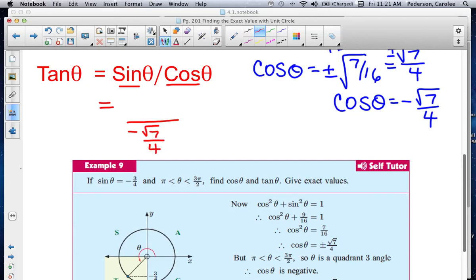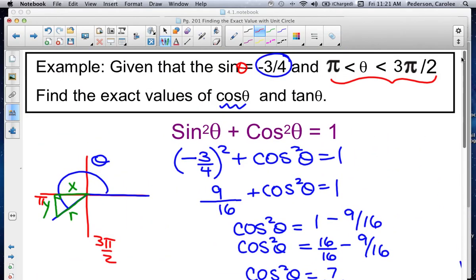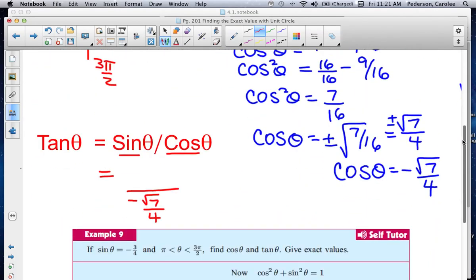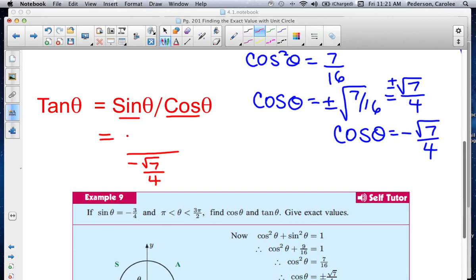The sine was given to us in the original problem as -3/4. So now we have a fraction over fraction, -3/4. Reciprocate and change. So 4 over negative square root of 7. The 4's will cancel. The negatives will cancel. We're left with 3 over the square root of 7.